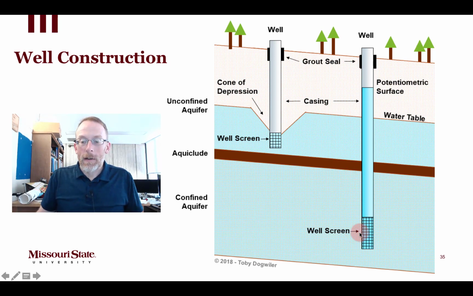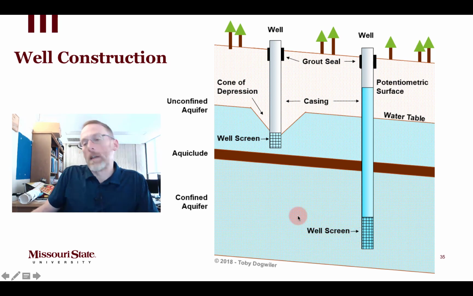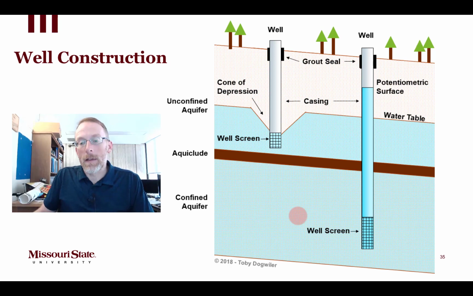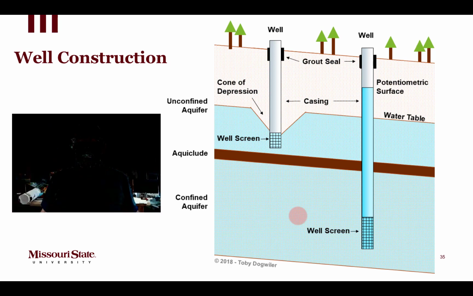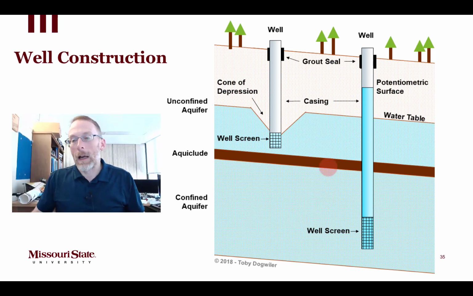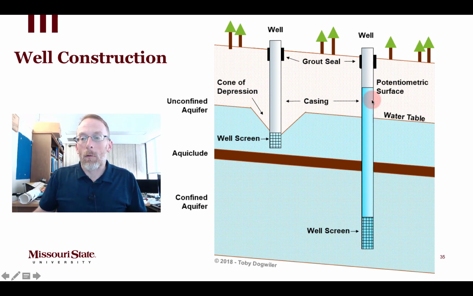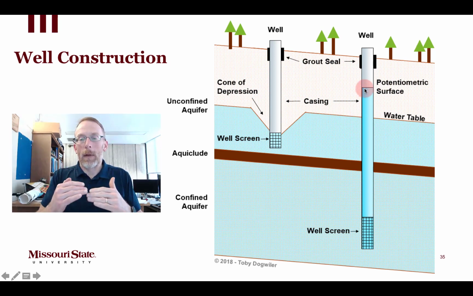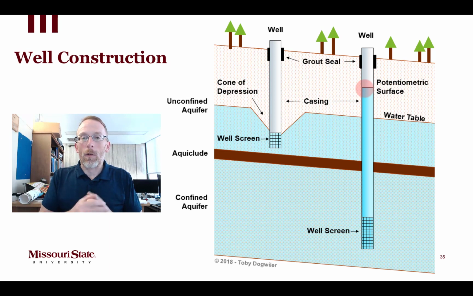Now the well screen here is the only place in either well that water can get in. So this well can only draw water from the confined aquifer. But because the water in this confined aquifer is under pressure, when we punch a hole through the aquiclude and provide an easy porosity, the well, that water can flow up, it flows up to some level that's at equilibrium with that overall pressure within the confined aquifer.